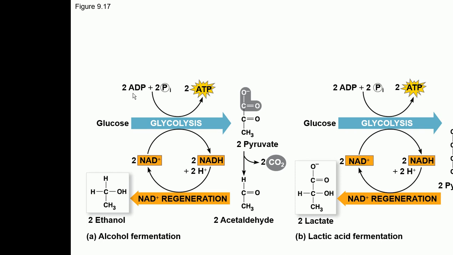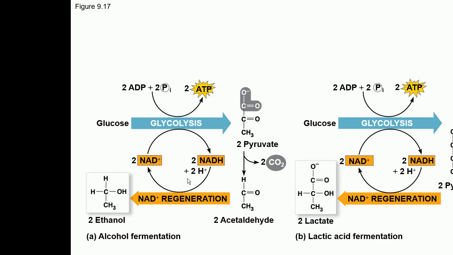But in the case of fermentation, as it's an anaerobic process, oxygen is not involved. In this case, an intermediate metabolite, like here acetaldehyde, is acting as the final electron acceptor. The electrons which were taken by NAD plus, converting it into NADH, are accepted by acetaldehyde, and acetaldehyde is converted into ethanol.